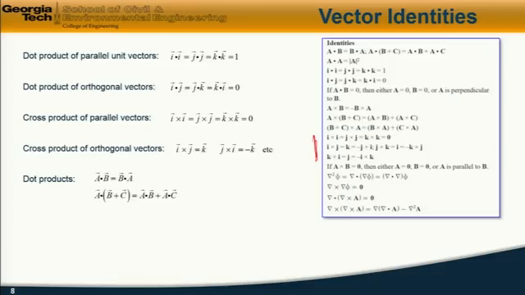A dot (B plus C) is equal to A dot B plus A dot C. Cross products, A cross B is equal to negative of B cross A. And again, if we have parentheses, A cross (B plus C) is equal to A cross B plus A cross C, etc. And the rest of the identities are given in the table here. So that's a discussion of basic properties of vectors, and in the next segment we'll do some examples.